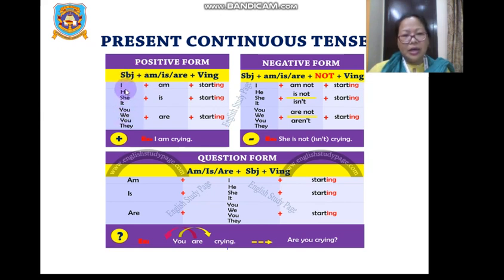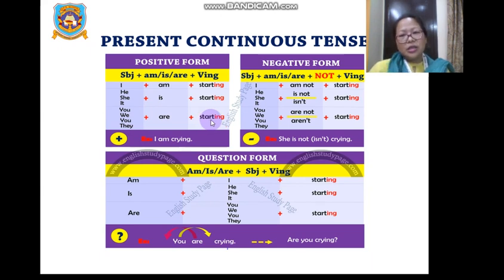Let's take an example here. I, first person, am starting. He, she, it, third person, is starting. You, we, they, second person, are starting.